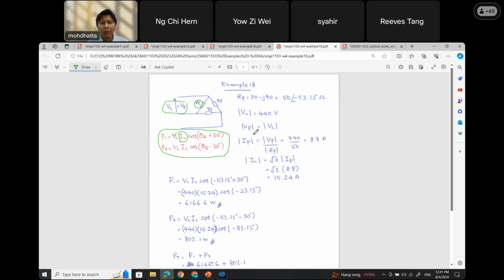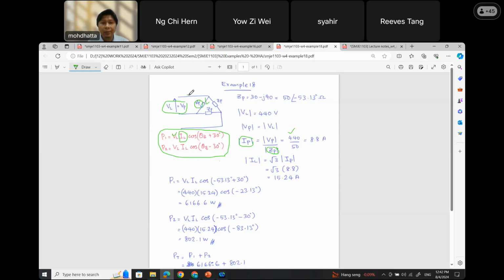When we use the phase impedance over here to get the current, the current that we calculated is actually the phase current, the current flowing through this part, this line, from A to B, for example. And according to the question, we need the line current.